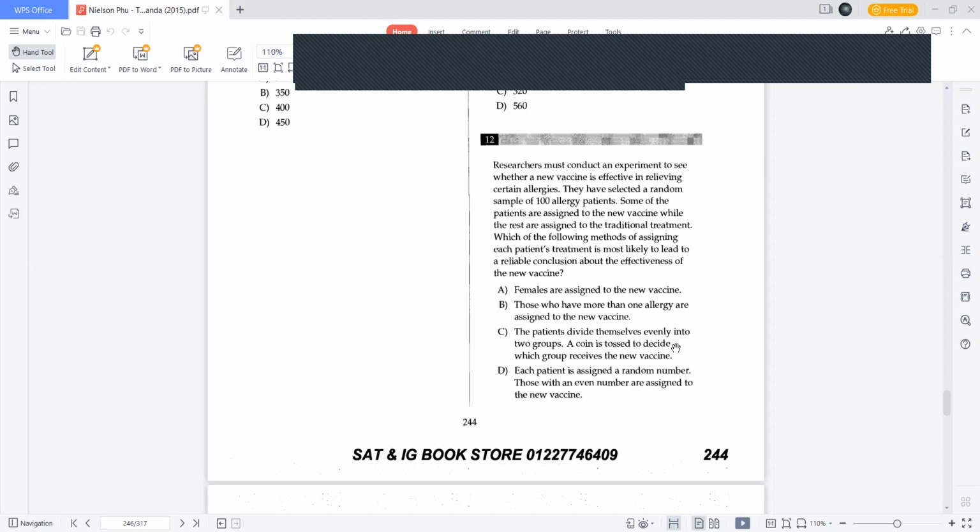Which of the following methods of assigning each patient's treatment is most likely to lead to a reliable conclusion about the effectiveness of the new vaccine? Any guesses?